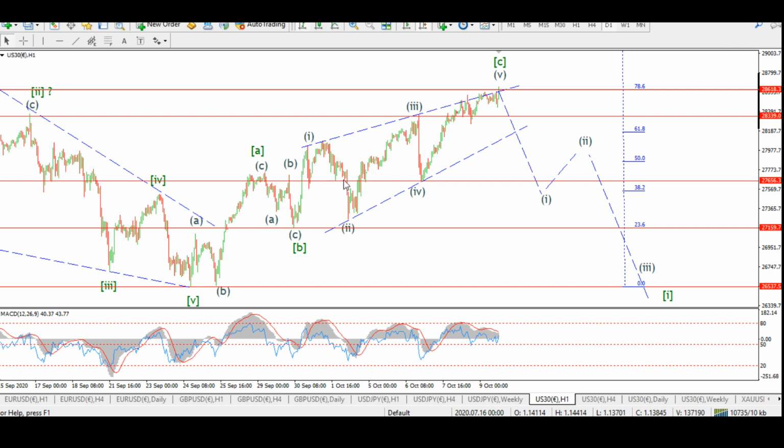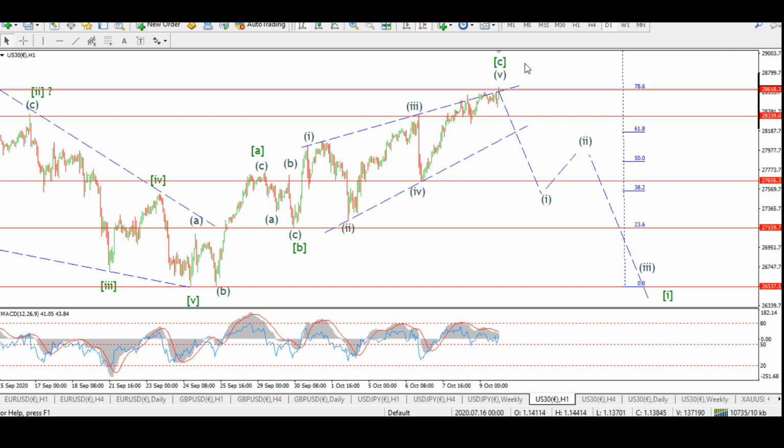And then you've got 3 waves down in a second wave, and then you've got 5 waves up again in wave 1 at a lower degree, which doesn't look like 3 waves down, but you would say maybe there's some sort of correction there in a second wave, and then 5 waves up again in another wave 1, and then you would expect 3 waves down again.